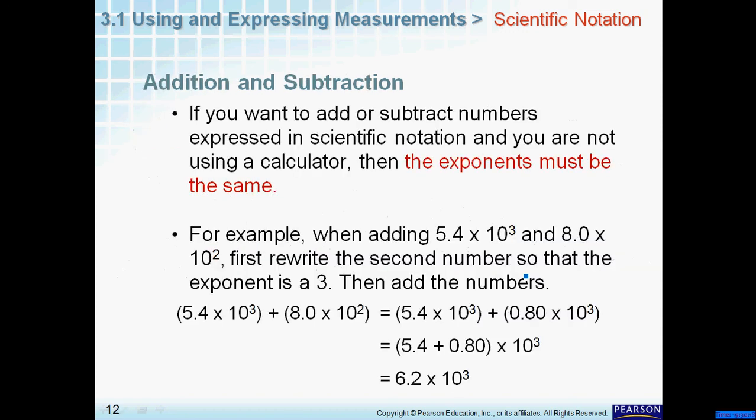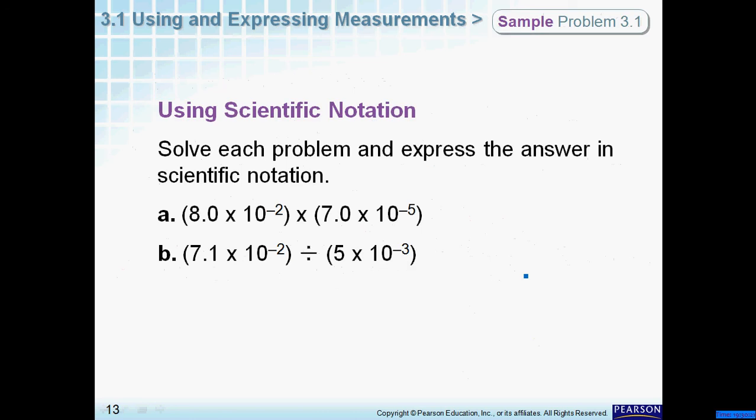All right, we don't really need to cover addition and subtraction. Let's just do a couple more practice problems. My first practice problem is a multiplication problem. Anytime I have multiplication, I need to multiply my coefficients. 8.0 times 7.0. That comes out to 56.00 if you do it all the way, but we'll just say 56.